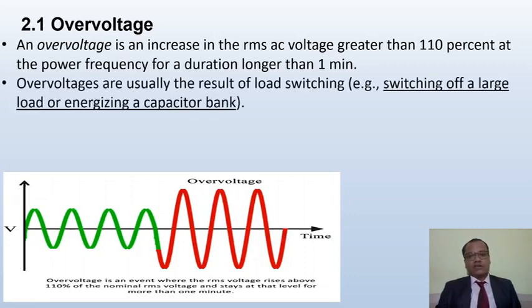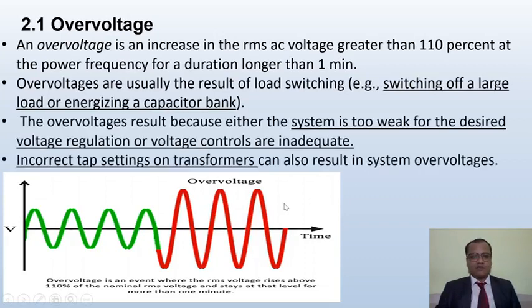Now over voltages are usually the result of load switching, that is switching of a large load or energizing a capacitor bank. They are also caused when the system is too weak for the desired voltage regulation or voltage controls are inadequate.